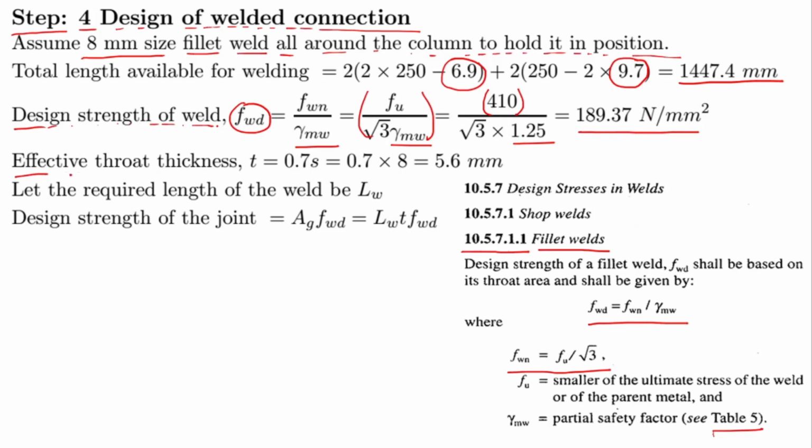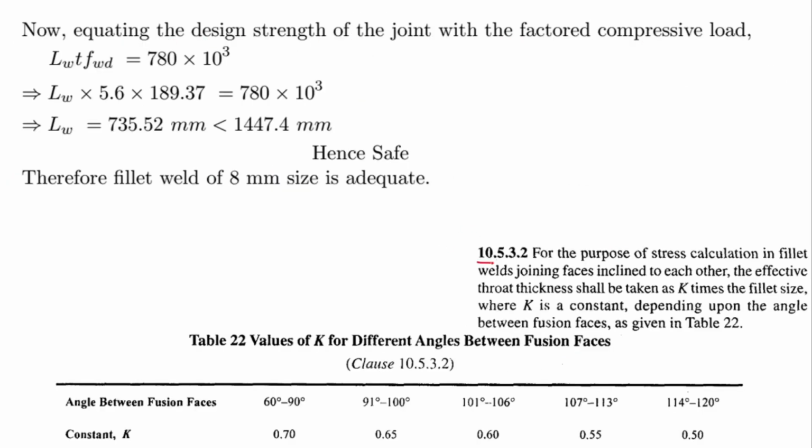Then we have to calculate the effective throat thickness, small t. If I follow clause number 10.5.3.2 of IS 800/2007, the effective throat thickness shall be taken as K times the fillet size. That means if I denote the effective throat thickness as t, then t equals K into s. Where K is a constant depending upon the angle between fusion faces as given in table 22.